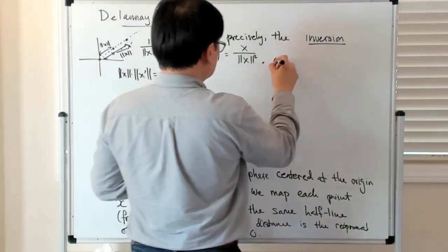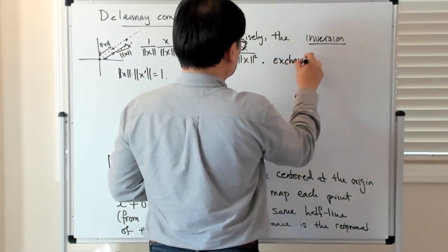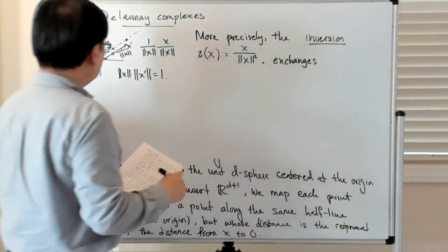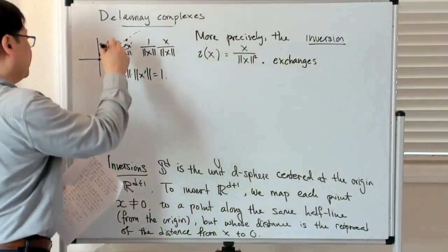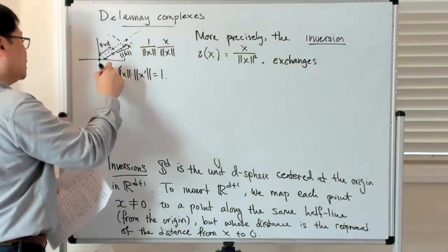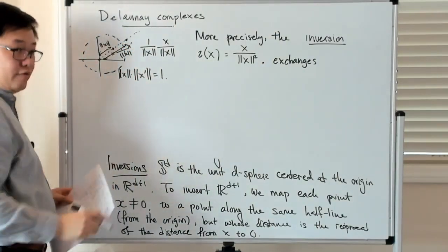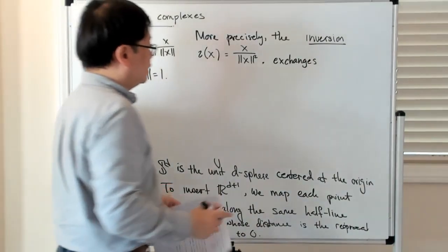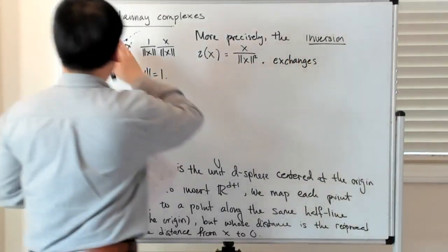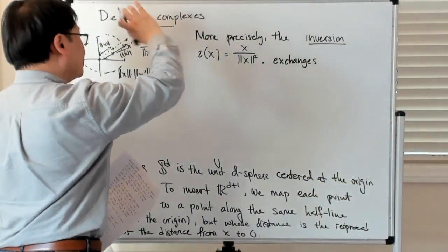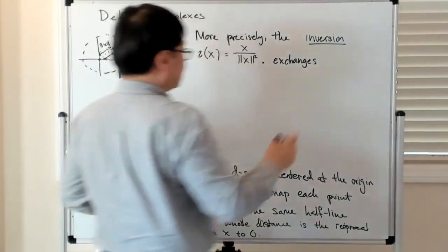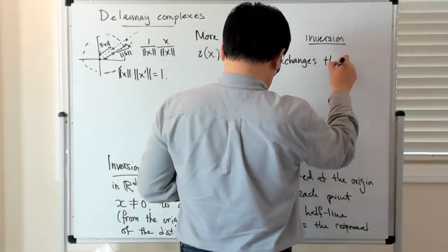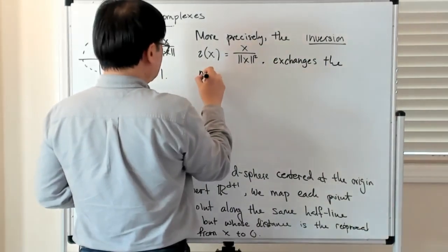So this exchanges the insides and outsides of the sphere, while keeping the unit sphere invariant. Obviously it keeps the unit sphere fixed. It takes something inside the sphere and maps it outside, and takes something outside and maps it inside.